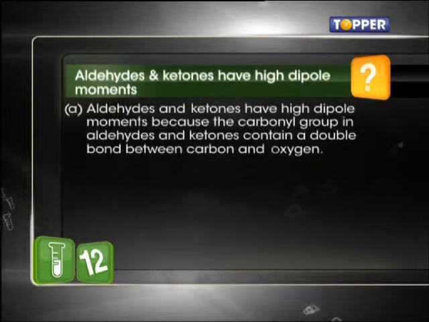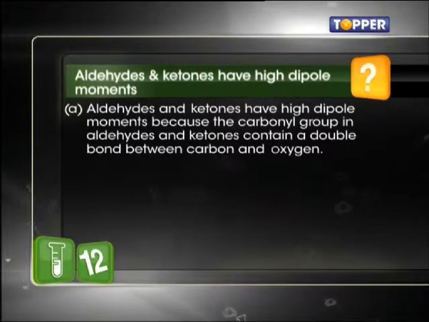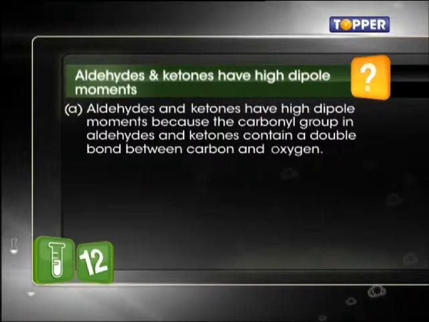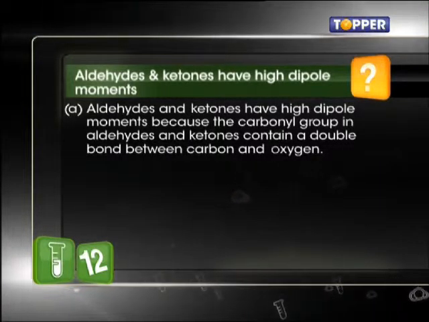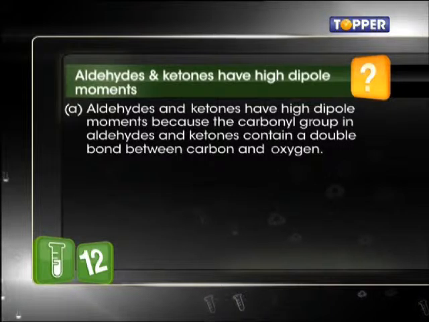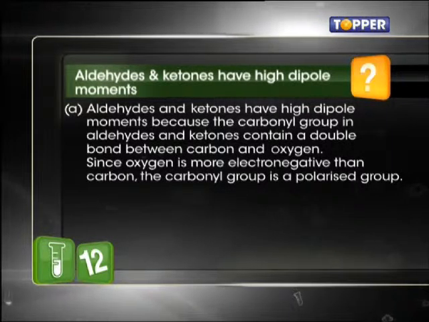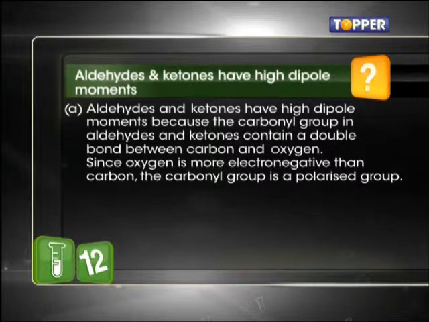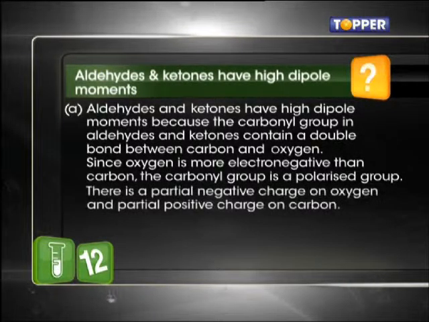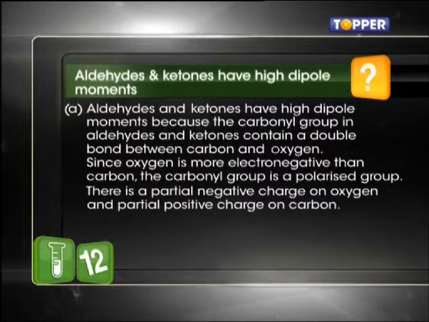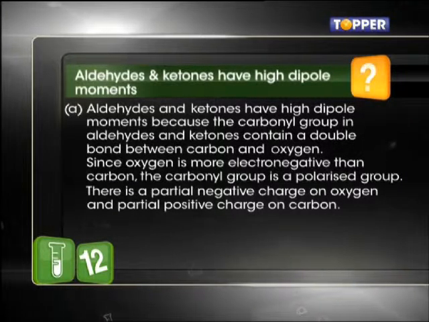To answer the first part, write the reason that the carbonyl group in aldehydes and ketones contains a double bond between carbon and oxygen. Since oxygen is more electronegative than carbon, the carbonyl group is a polarized group. There is a partial negative charge on oxygen and partial positive charge on carbon.